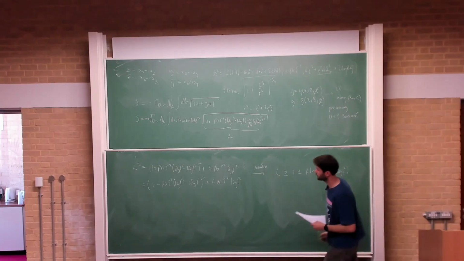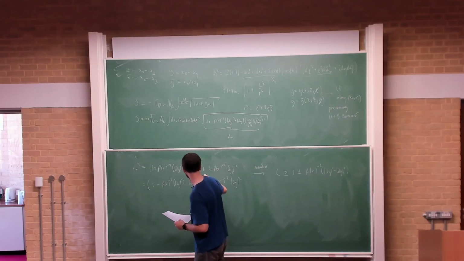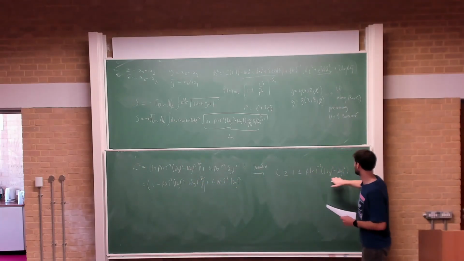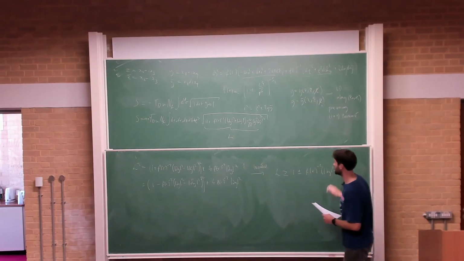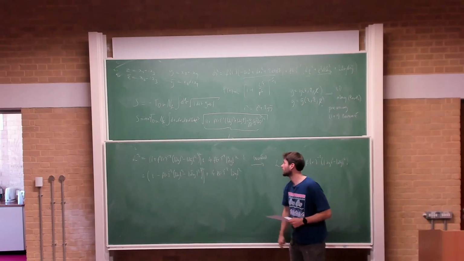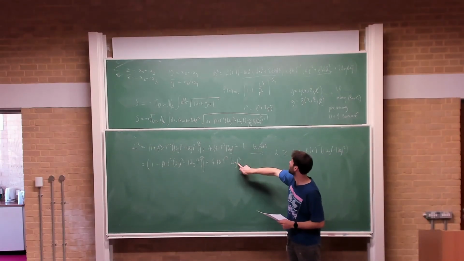So the Lagrangian is bounded by this quantity here, and saturation of this bound is found exactly when y is either a holomorphic or anti-holomorphic function of z.